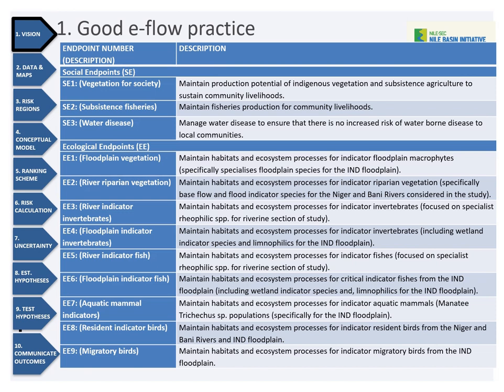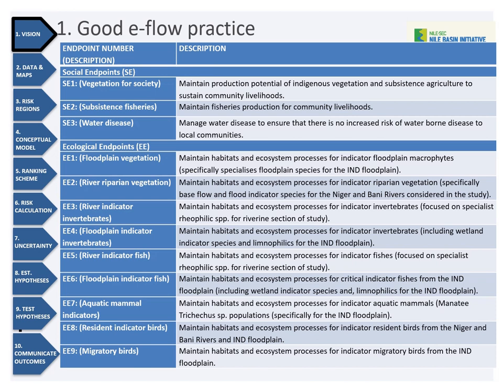Similar for fish, for riverine fish and floodplain indicator fish species. And then we included aquatic mammals, and that was importantly based on the existence of the rare and protected manatee that occur within the Inner Niger Delta floodplain.